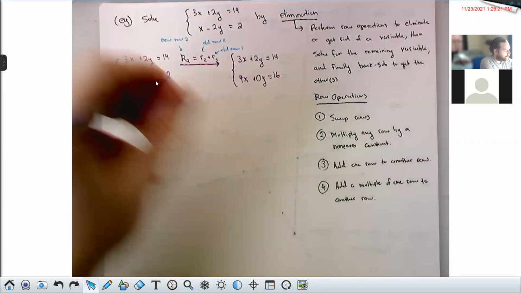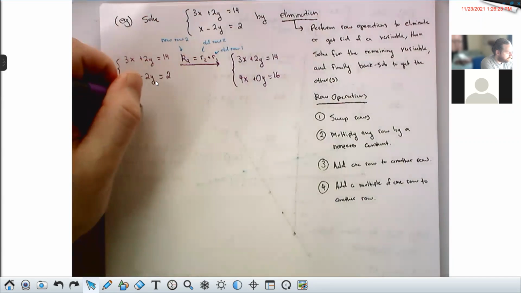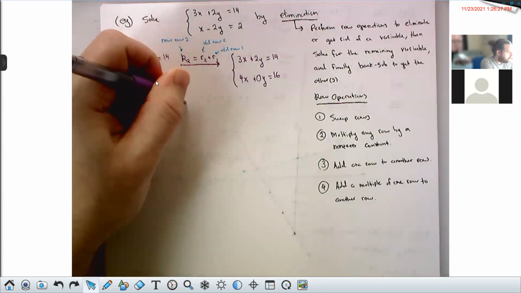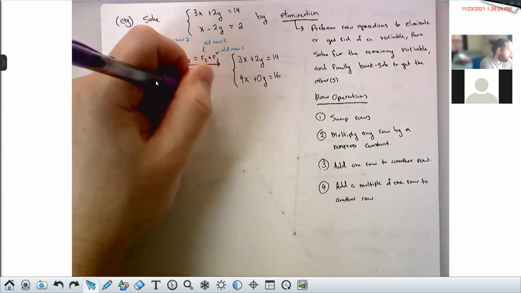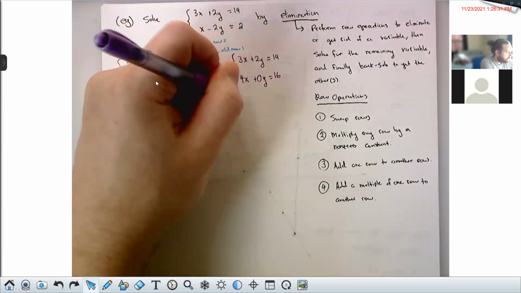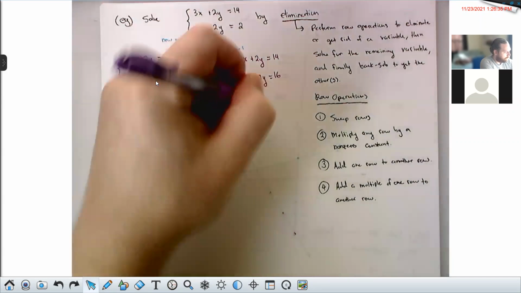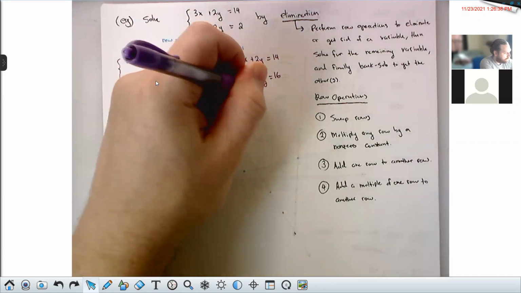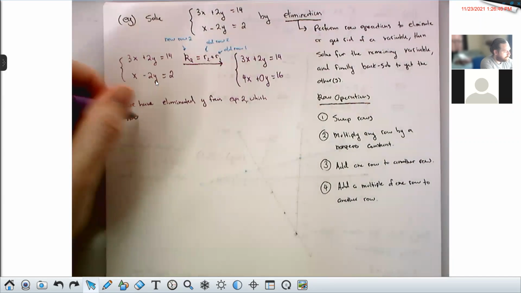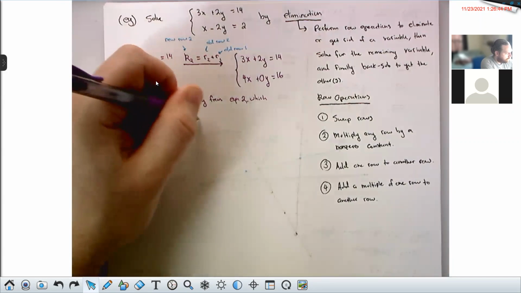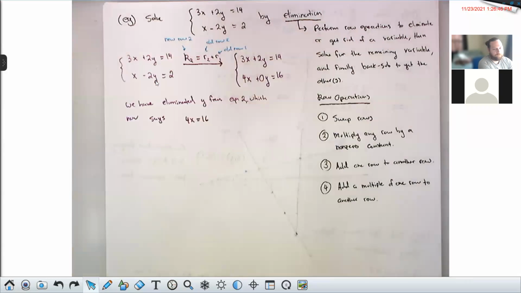And just like that, we have eliminated y from equation 2, which now reads 4x equals 16.